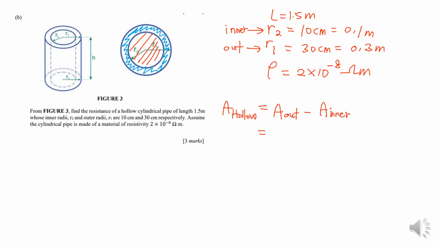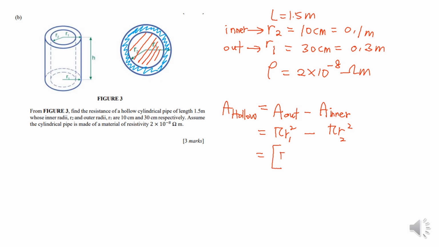Okay, so kita tahu pi r square lah, out is 1, pi r kuasa 2, is inner.